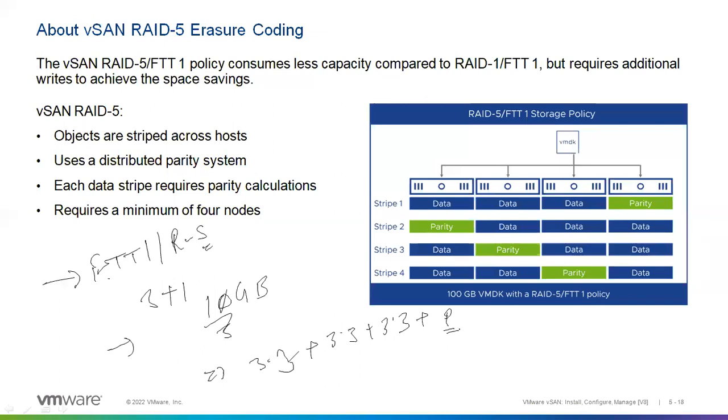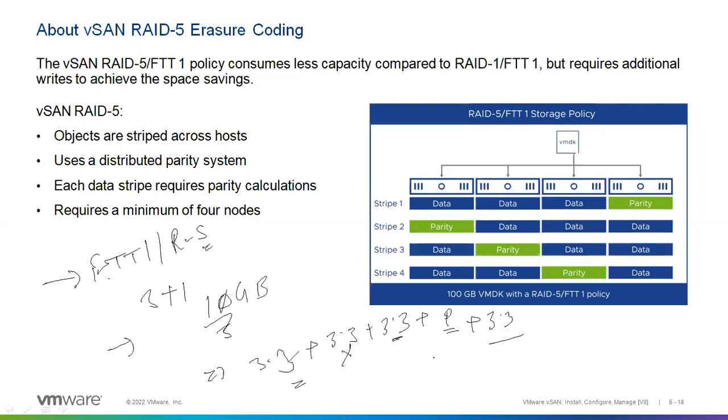Parity is nothing but mathematics, a logic that if any of the components fails, along with the remaining components, this parity will regenerate it. But for regeneration, you require at least one more additional host. That's why with FTT1 RAID 5 you can maintain one node failure one time, not two.